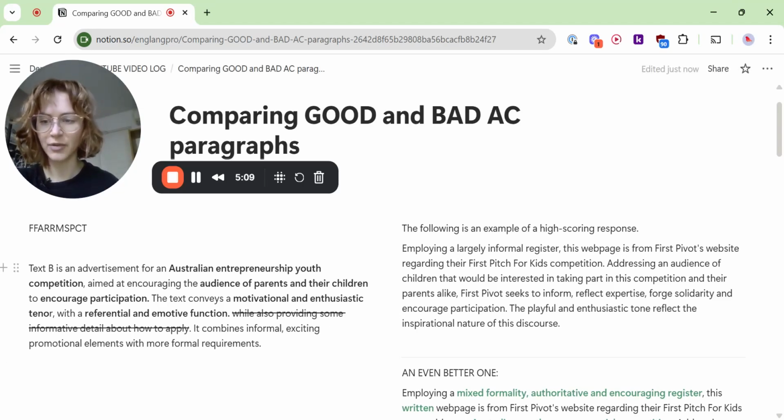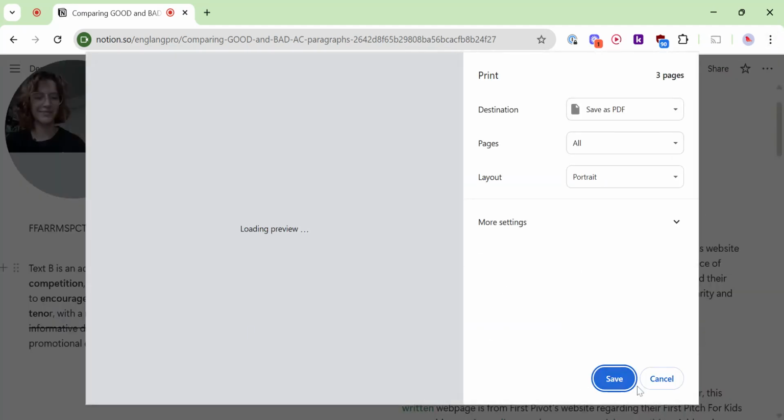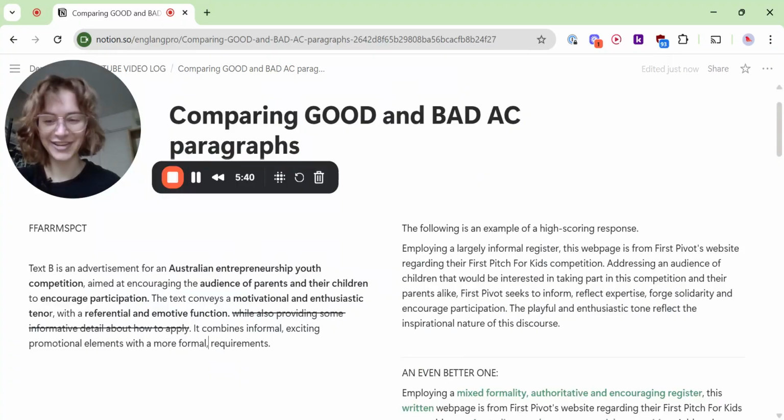It combines informal, exciting promotional elements with a more formal, and we could say entrepreneurial register, or we could say institutional register, professional. I think I'm going to go with professional because they do switch up when they start to talk about the rules of the competition. It becomes a much more professional register. With a more formal, professional register.